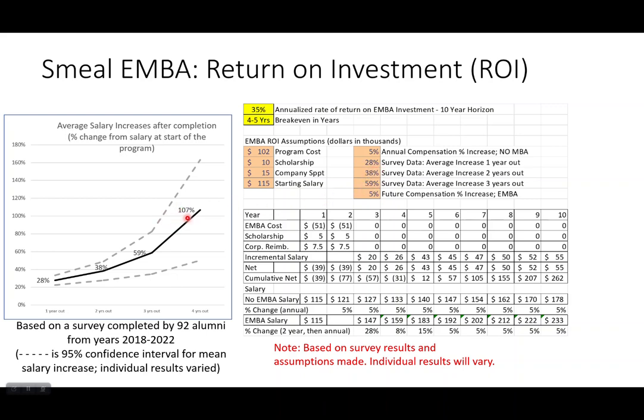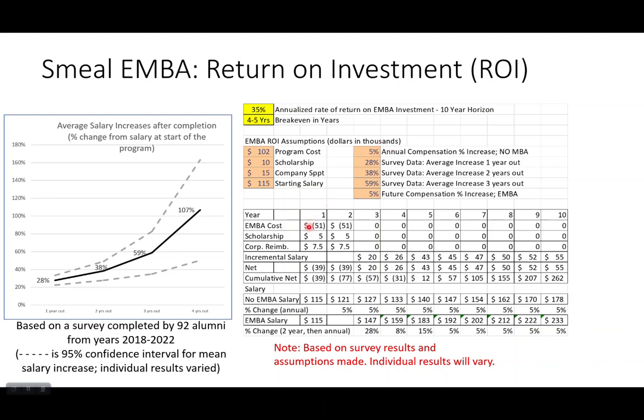And I'm not going to use that last average of 107% to be conservative. And then I just assume that after those 3 years of bumps in your salary above the average of no MBA, the students would then just get 5% increases like they would normally if they had no degree.